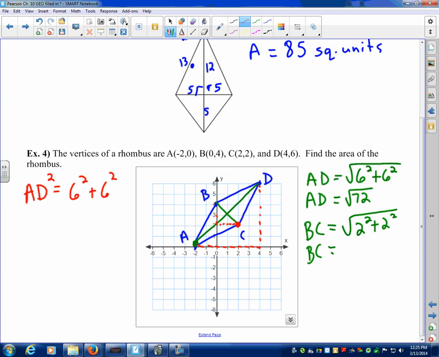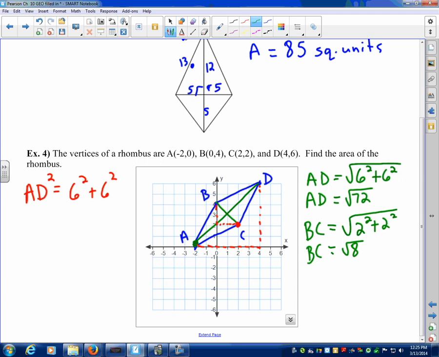I'm using the Pythagorean theorem to find the length of BC, which is the hypotenuse of that little red triangle in here. So this is the square root of 8.